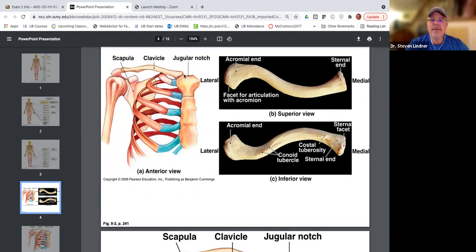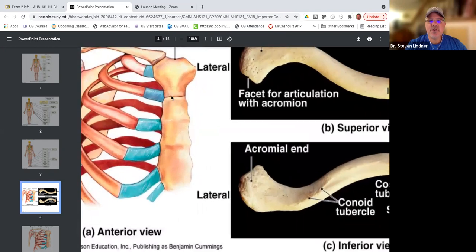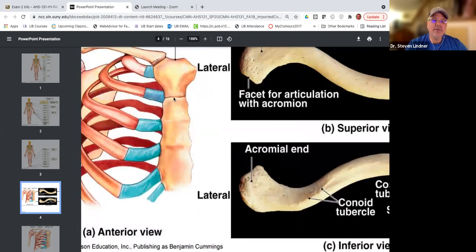On the top of the manubrium is a notch called the jugular notch. And then we also remember between the manubrium and the body of the sternum, there's the sternal angle or angle of Louis, which is an important landmark because it takes us to the second rib.